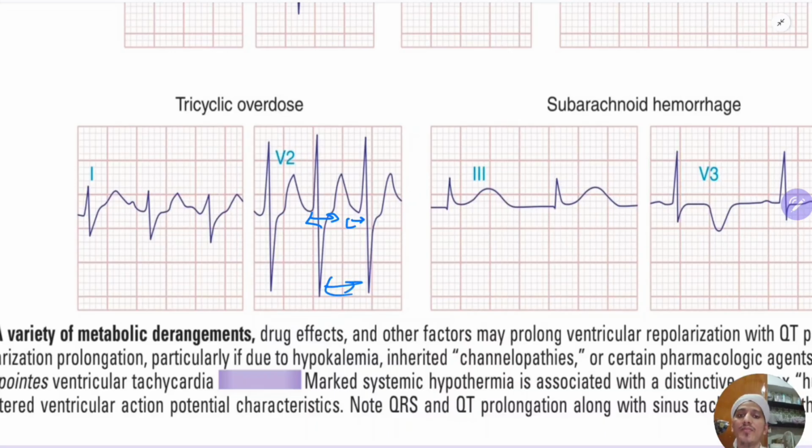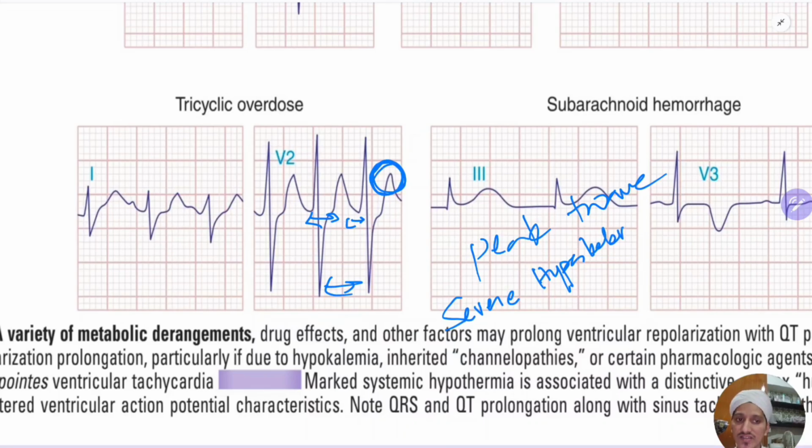Tachycardia is also there, but you are not able to see peaked T waves. So this peaked T wave differentiates severe hyperkalemia. Always differentiate severe hyperkalemia from TCA overdose, because the ECG will be similar. There will be flat T waves, increased QRS width, T waves will be large but not that large, and there will be tachycardia.